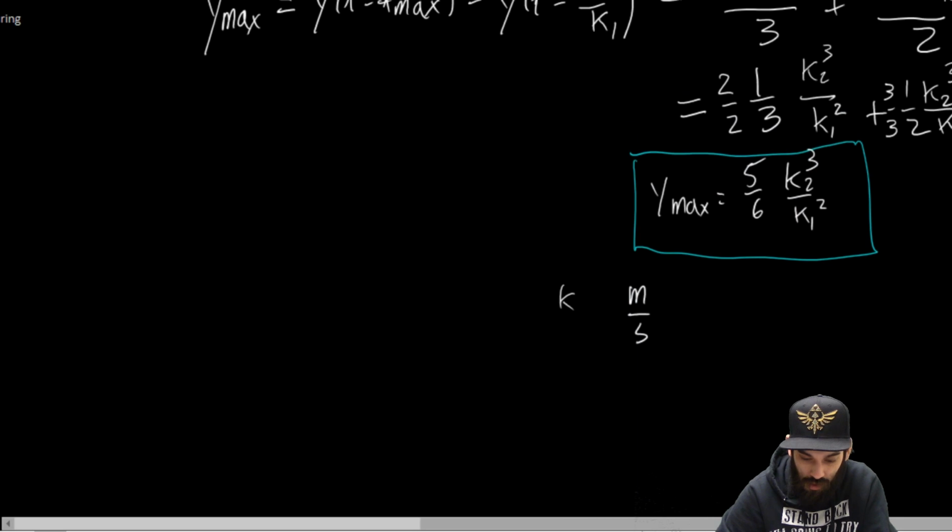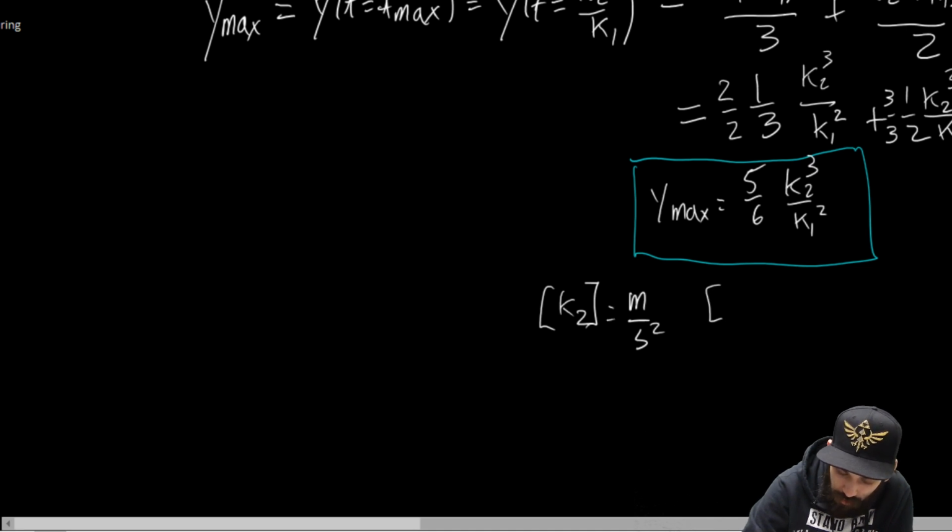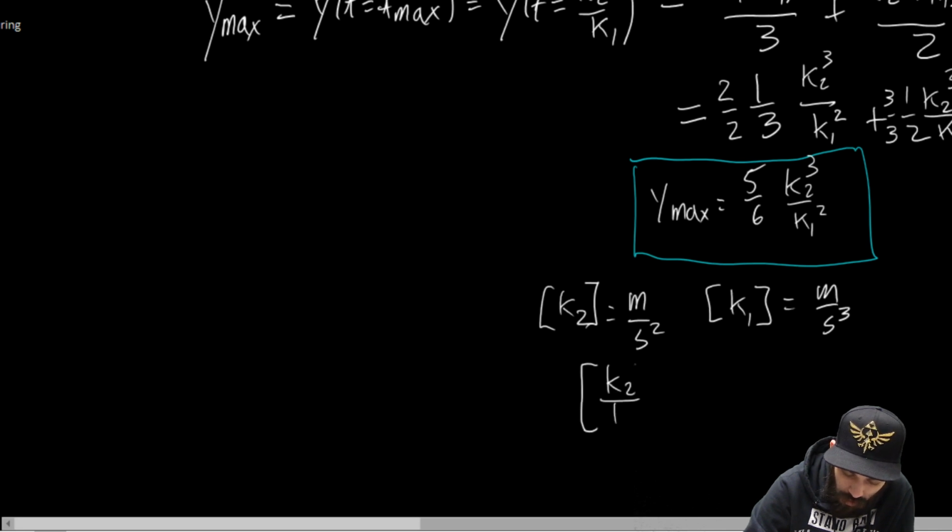Okay, so k2 had units of meters per second squared, k1 had units of meters per second cubed, and what we want are the units of k2 cubed over k1 squared.